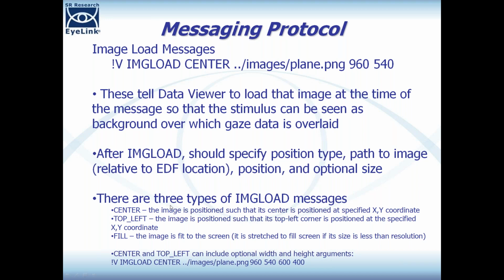When you specify center here, after you put a path to the image, which should be relative to the location of where the EDF file will be in your experimental folder after you've collected the data, you can then put the XY position of where you want the center of the image to appear on the screen.